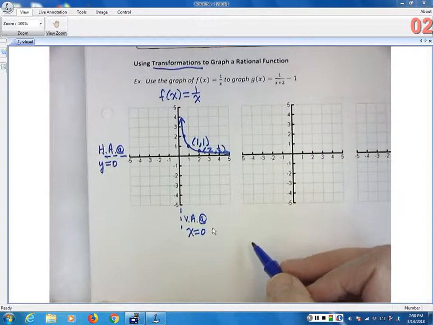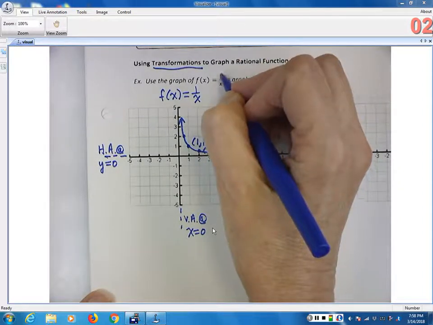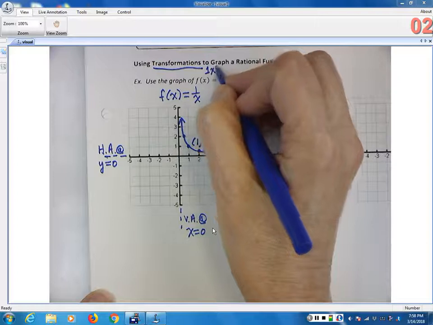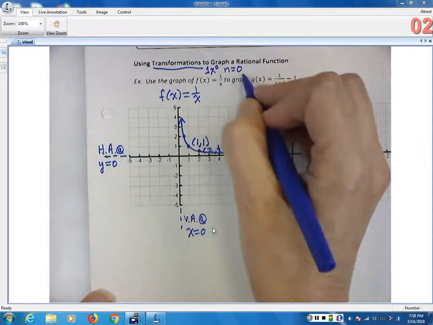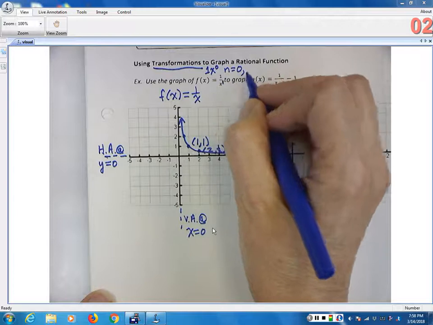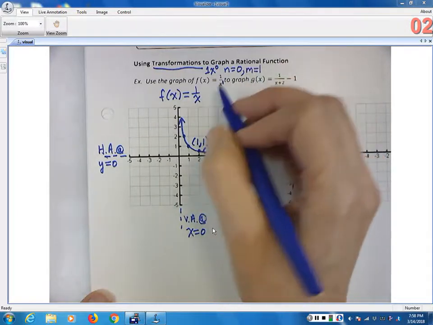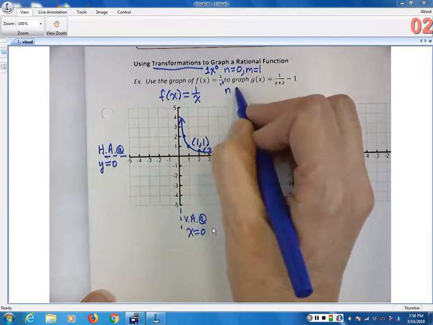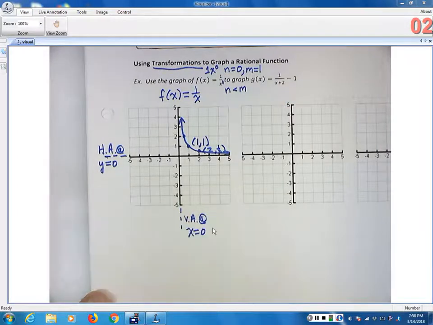Because what's the degree of the numerator here? This will be 1 times x to the 0. It has 0 degree. The denominator is x to the 1. M equals 1. So n is less than m. So we have HA at y equals 0.